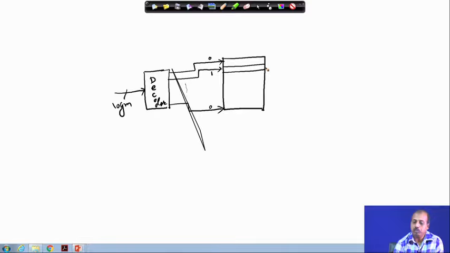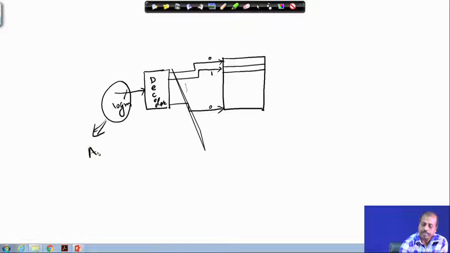So, if we look into a memory chip, then we have these log m lines coming as input, and this is commonly known as the address lines. In the address lines you need to tell which row you want to access, and as I have said, all the bits of that location are available at the output of this memory chip.